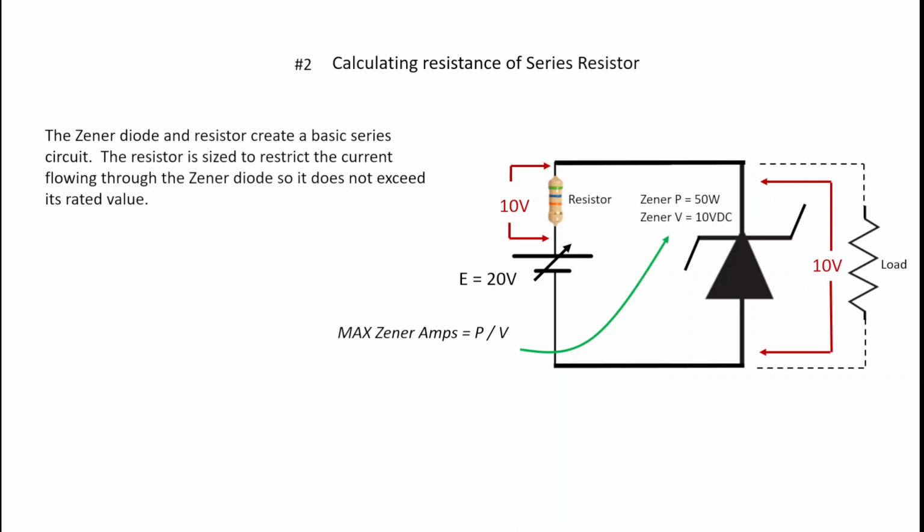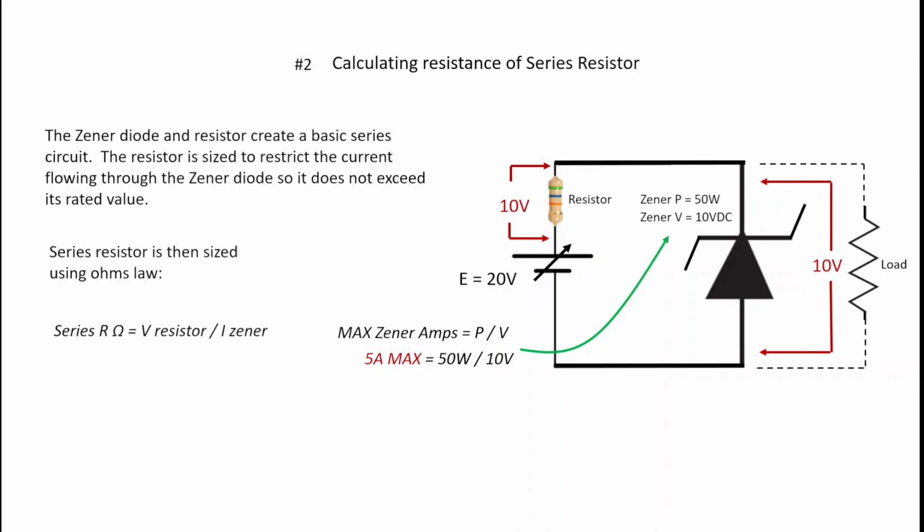So the max Zener amperage is equal to the power divided by the voltage, and that would give me on this particular Zener 5 amps max. So we're going to take that series resistor ohmic value and calculate it from the voltage that is present across the resistor and the maximum current the Zener diode is permitted to have flow through it.